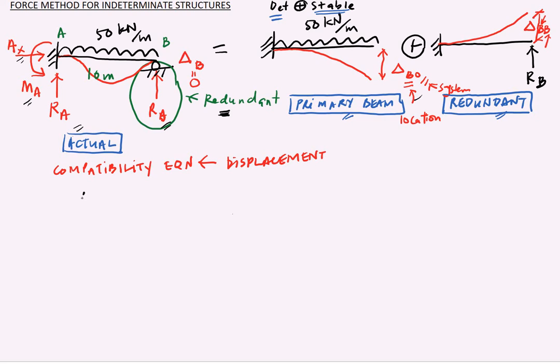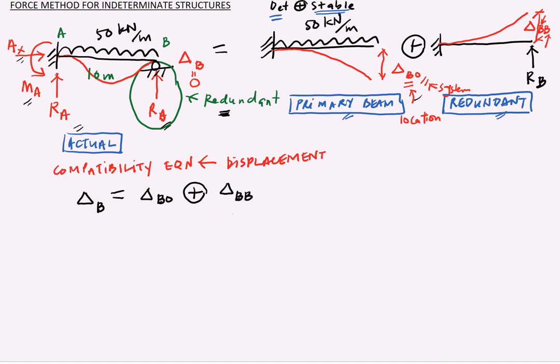Okay, so let's write down the compatibility equation. We know that delta B, the displacement at B of the actual system, must be equal to delta B0, the deformation due to the primary beam, plus the deformation due to your redundant system, delta BB.